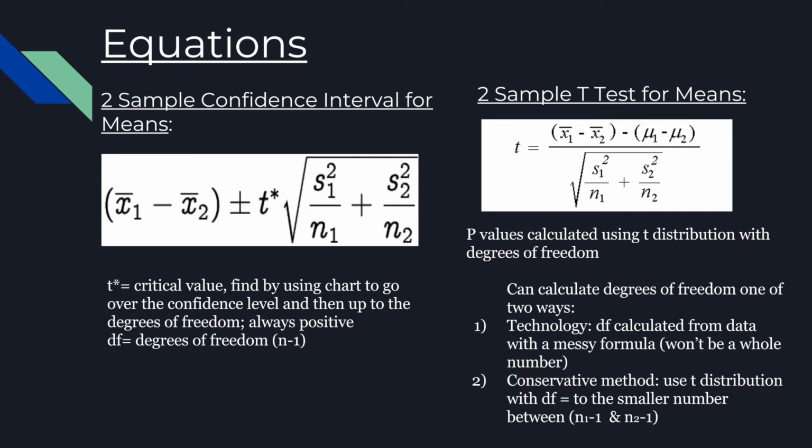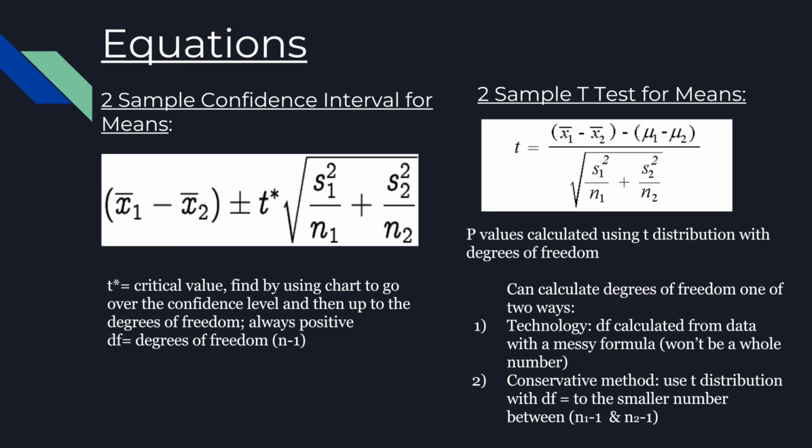All right, next, the equations. For a two-sample confidence interval, your equation will be pretty intuitive. And the t star is the critical value, and you use the chart in a similar way, except you have to do the degrees of freedom, which is just n minus 1, and then you find your t value. And the same goes for the t-test for means. You can do degrees of freedom in two ways.